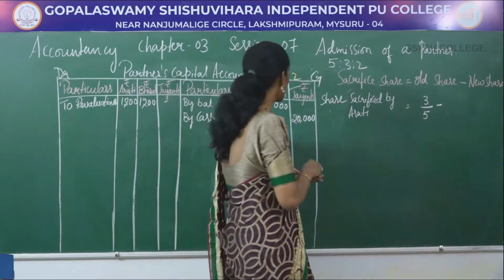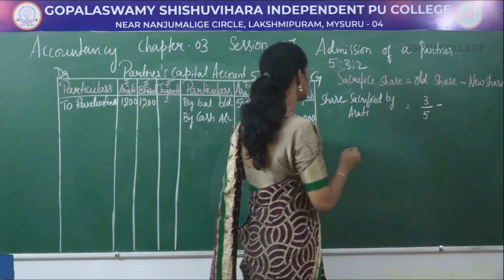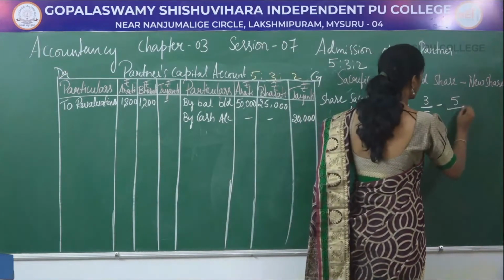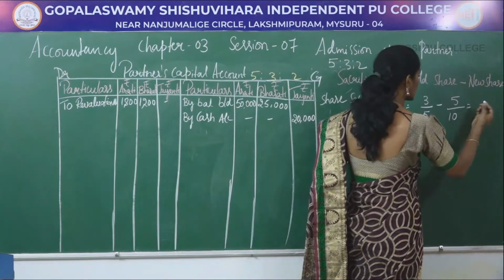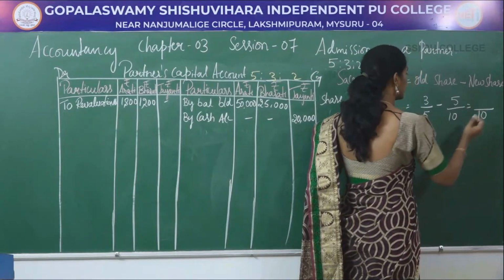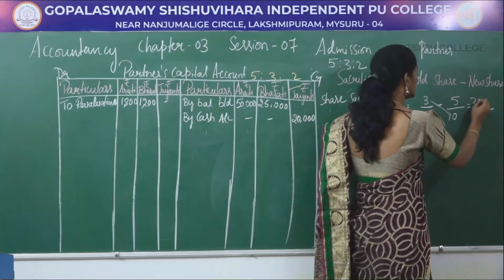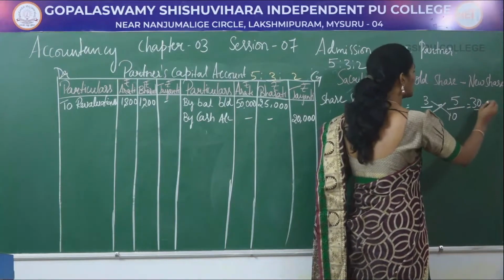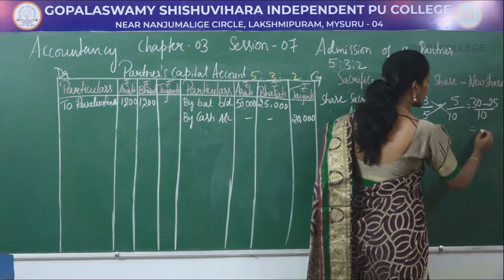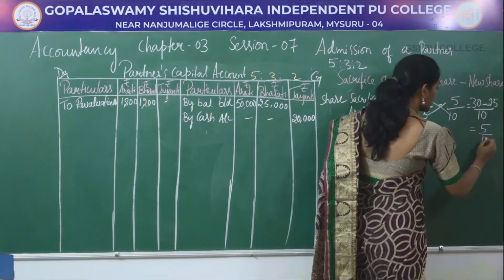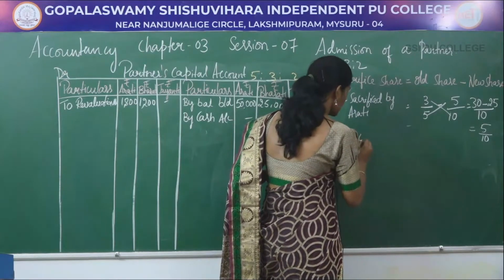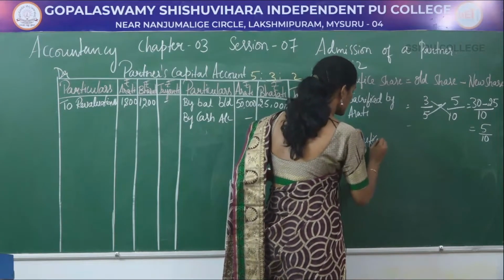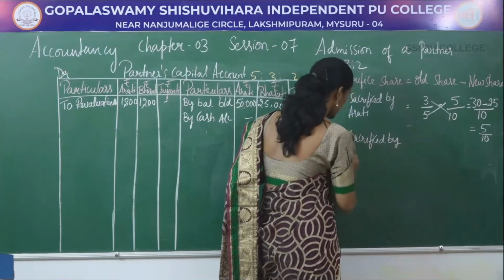So now let's take Arati's new share, that is 5/10. So here the LCM is 10. 10 3s are 30 and 5 5s are 25. When you deduct, it comes to 5/10. In the same way, let's calculate the share sacrificed by Bharati.